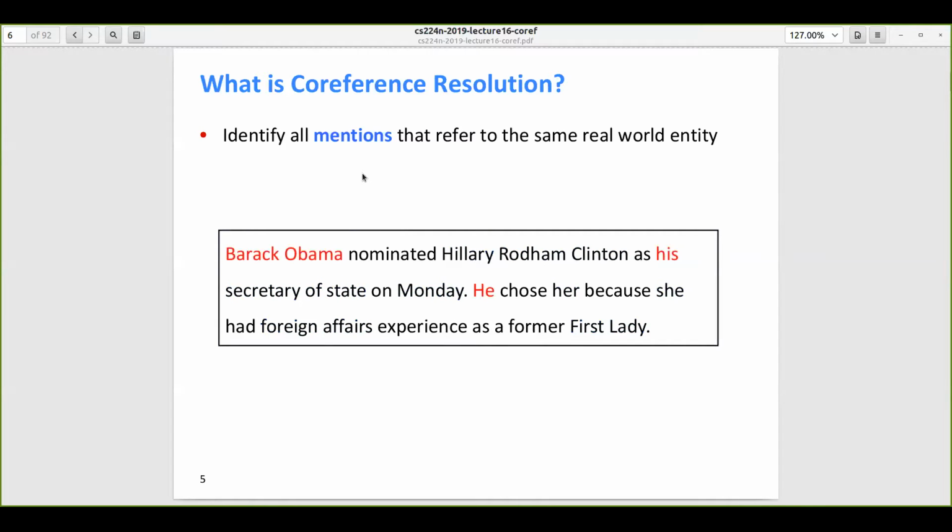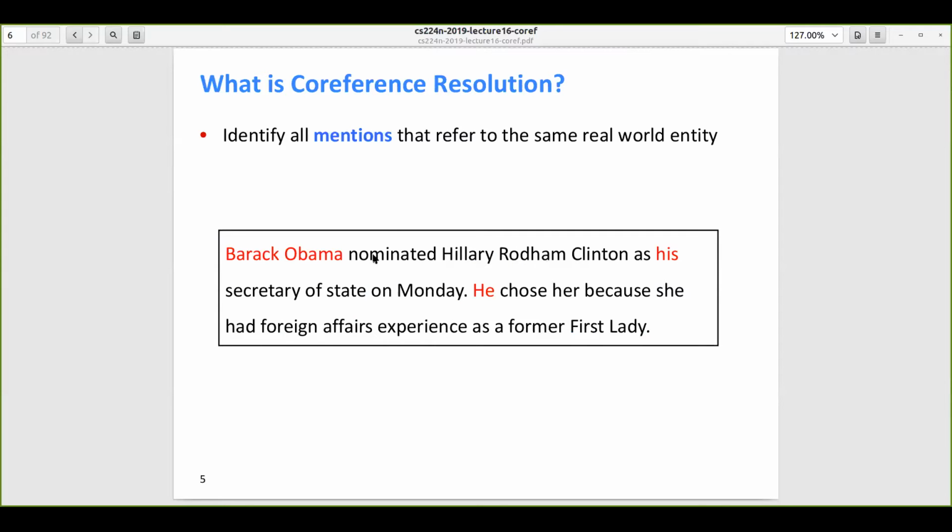So mentions help us in figuring out the coreference resolution. How they help us is that first we have to figure out all the mentions in the text like this. Here we have marked all the mentions. And among those, we have to filter and say which mentions actually co-refer to each other.